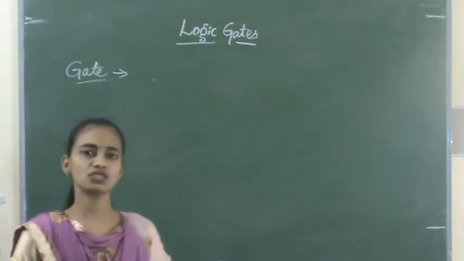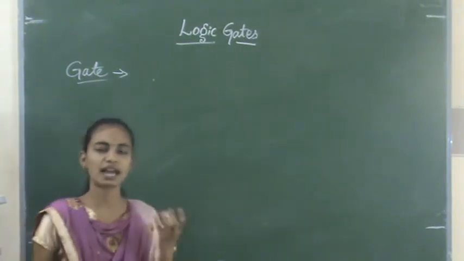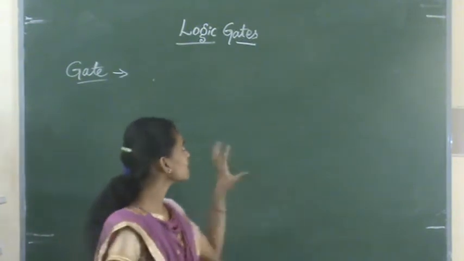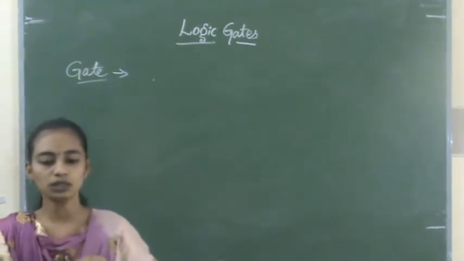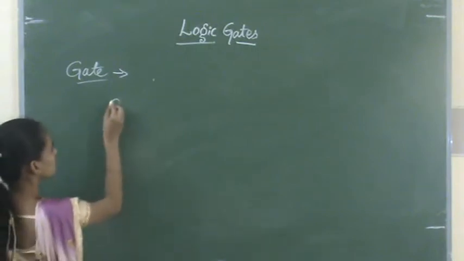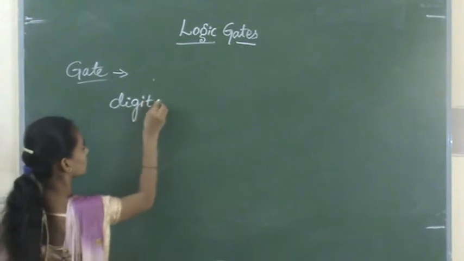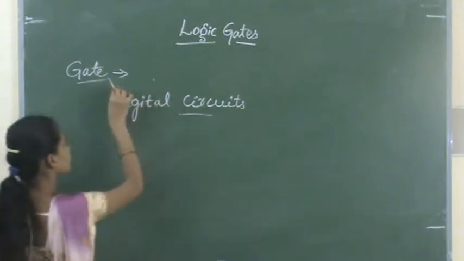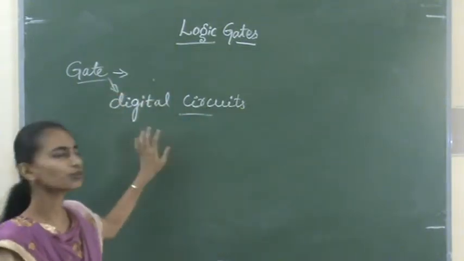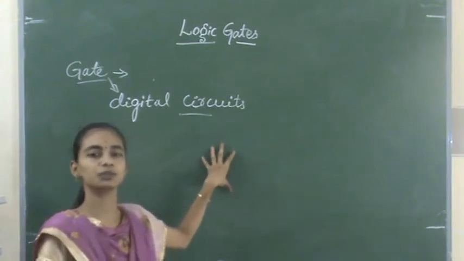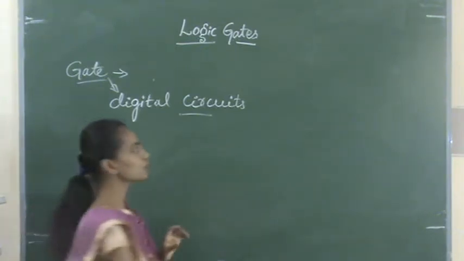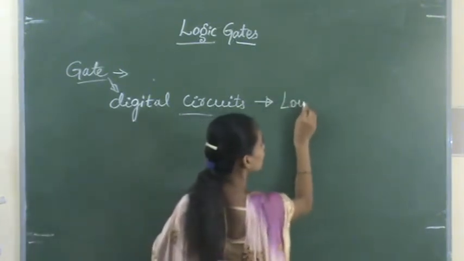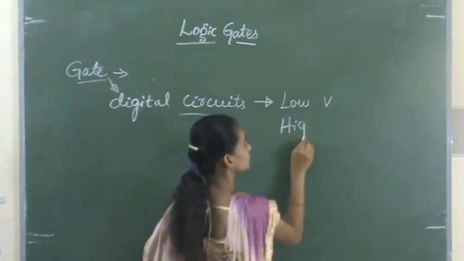In the previous chapter we studied basic gates and logic gates, both are the same, right? We studied basic gates. So these gates we call digital circuits. Why do we call them digital circuits? Because here the inputs and outputs are in the form of low voltage and high voltage.